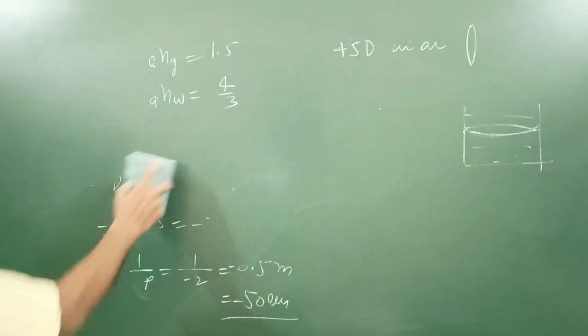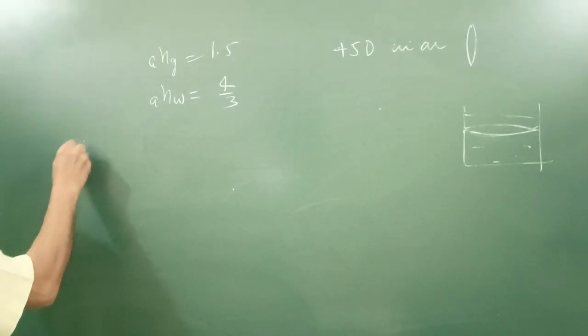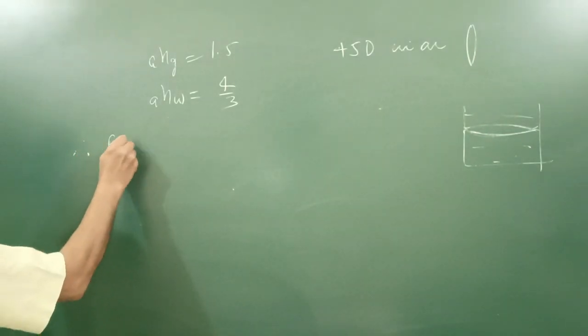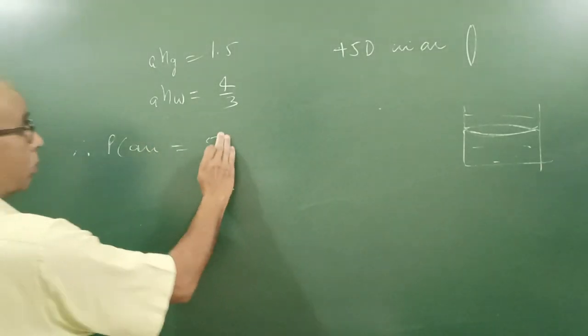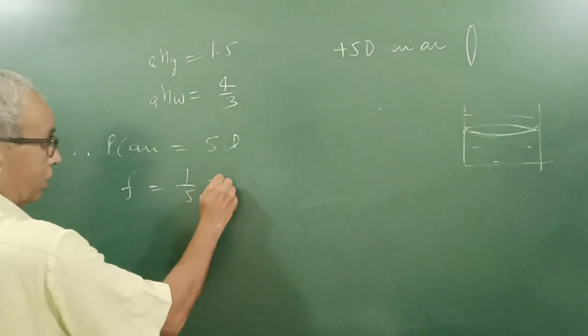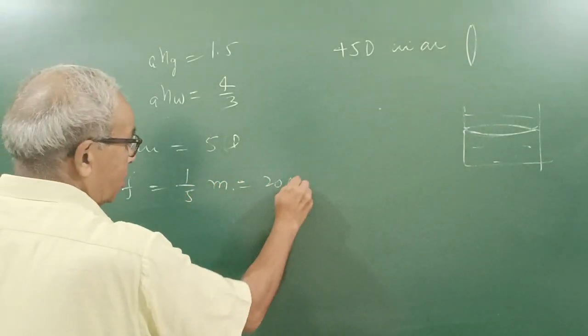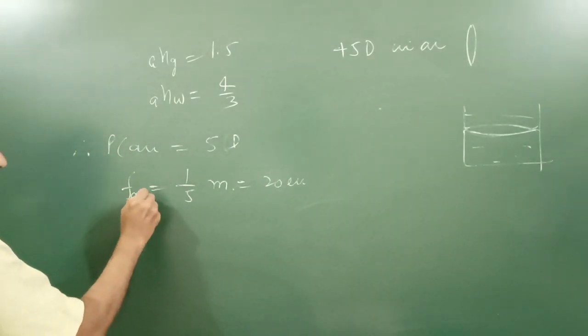So the power of this lens in air is 5 diopter, so F is equal to 1 upon 5 meter, that is 20 centimeter in air. Focal length in air is 20.